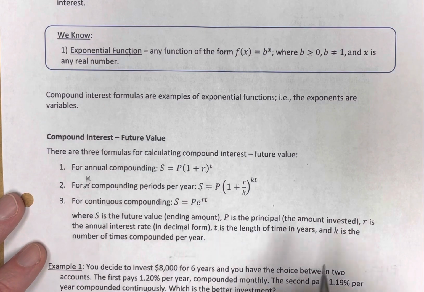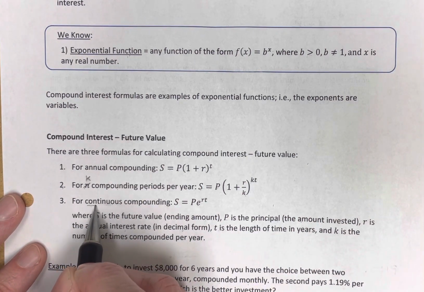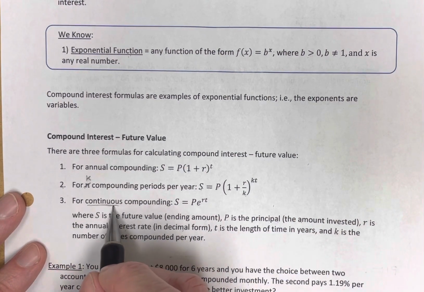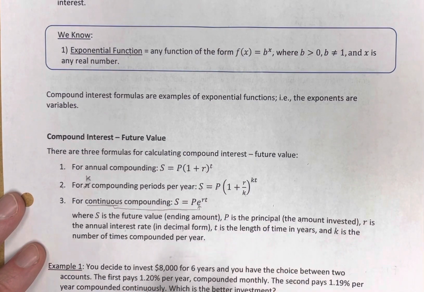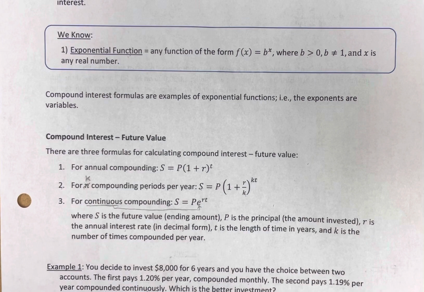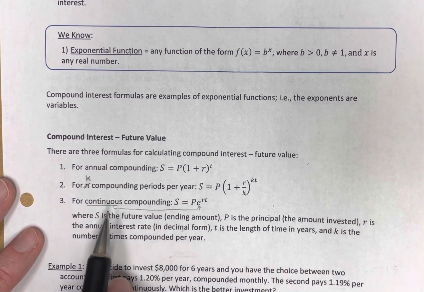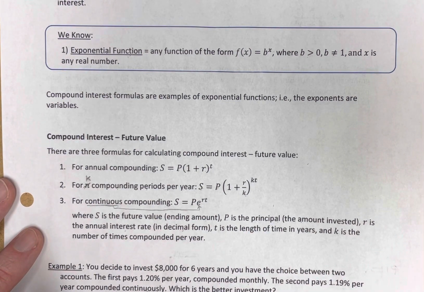And for continuous compounding, whenever you see the word continuous, you need to automatically say to yourself, this is going to involve Euler's number E. Every time continuous is invoked in mathematics, it will involve Euler's number E every single time. So just get that into your head.